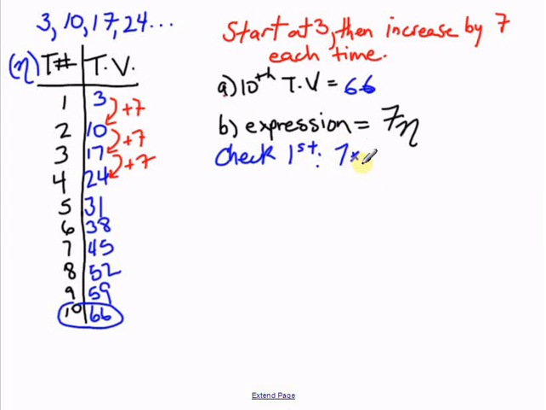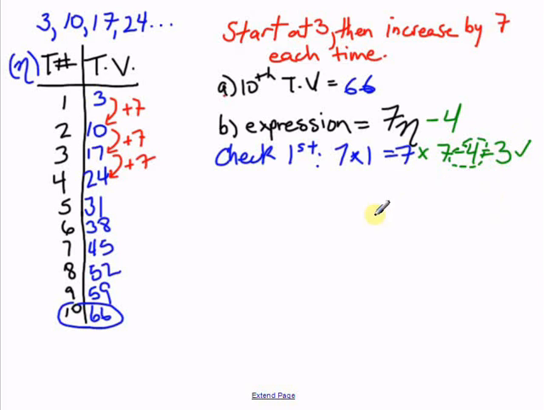So 7 times 1 gives me 7. And like I said, I know that's not the right first number in the pattern. So what I have to do is think, how do I get from 7 to 3, what I want? Well, to get from 7 to 3, I should take away 4. So this tells me I should probably have a minus 4 on the end of my expression.